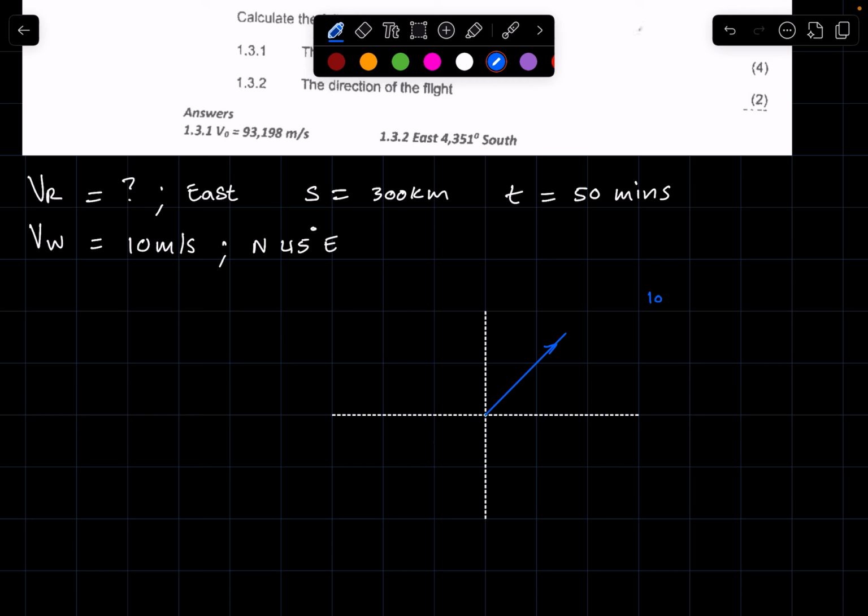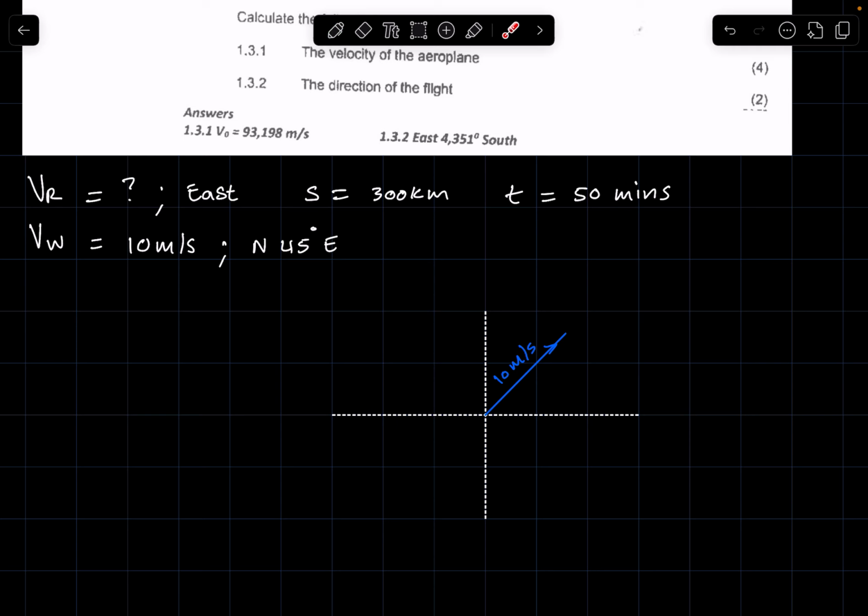So that's 10 meters per second. So this here is 10 meters per second.